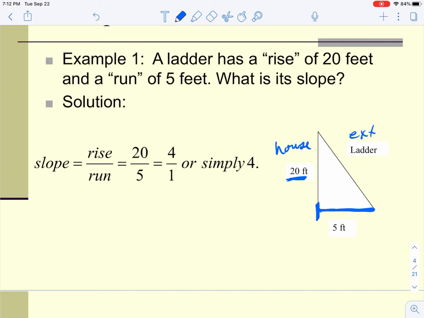So the foundation of the house is here, and the feet of the ladder are out here, 5 feet away. So what I can do is measure, and we always measure it in this order, how far up or down divided by across.